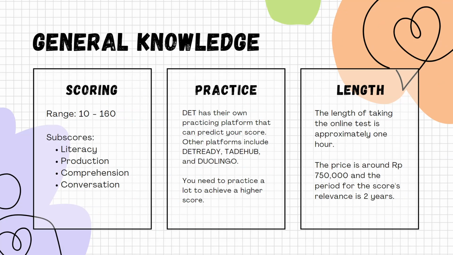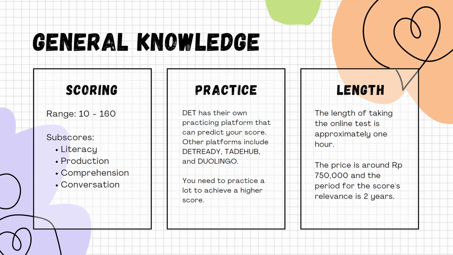Next is the general knowledge. The scoring is around the range of 10 until 160. And I think for me personally, the high scores are around 130 to 160.